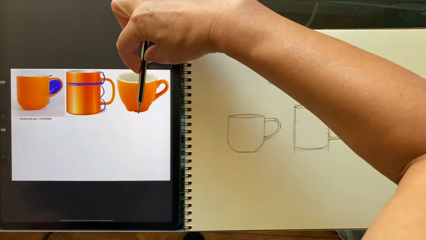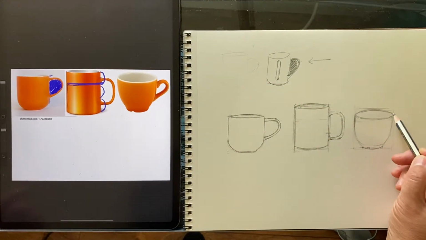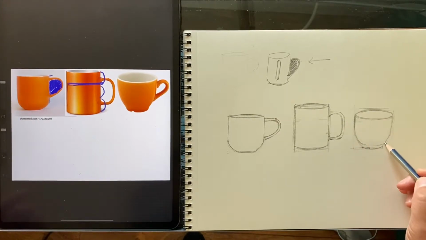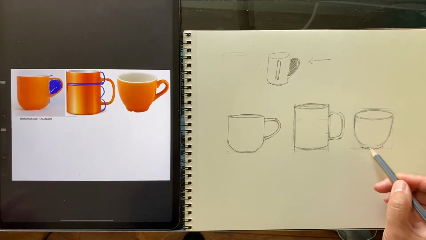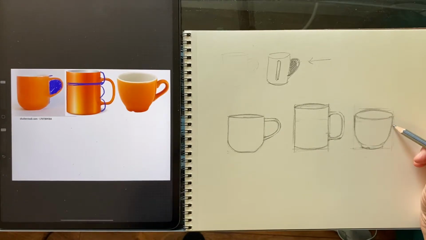Like, try to make it symmetrical. Then now it's the handle. Start with here, then end right here, right?